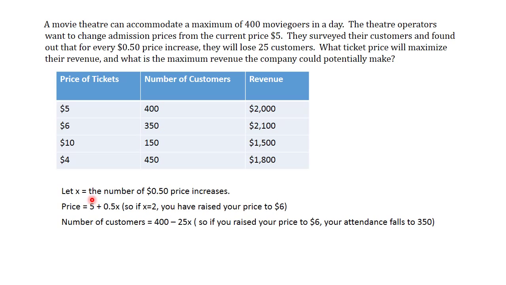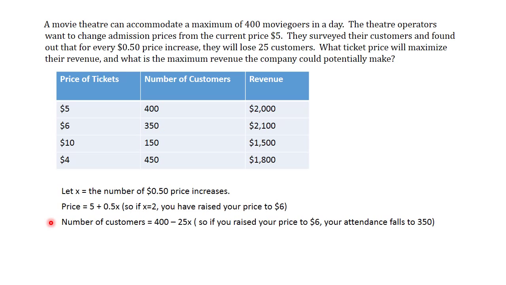So here's your price equation: $5 is the starting point, plus 0.5 times the number of these 50-cent increases. For instance, if X was equal to 2, you've raised your price to $6 because you've put two 50-cent increases on it. So that really is like the $6 price that we talked about before. Your number of customers now is going the other way.